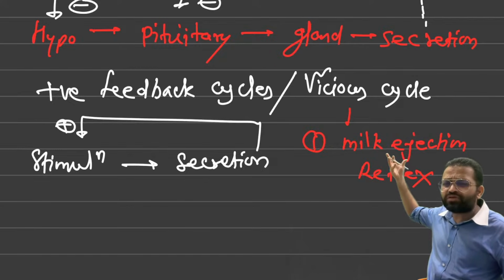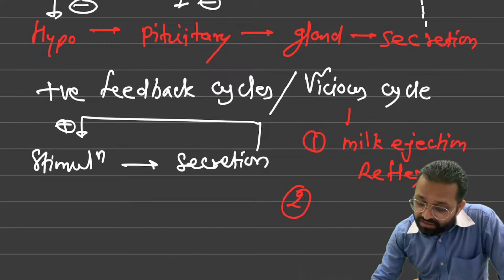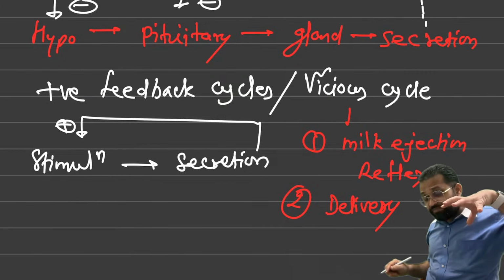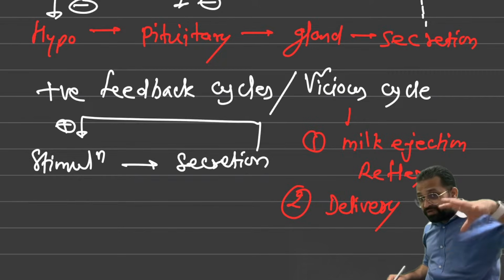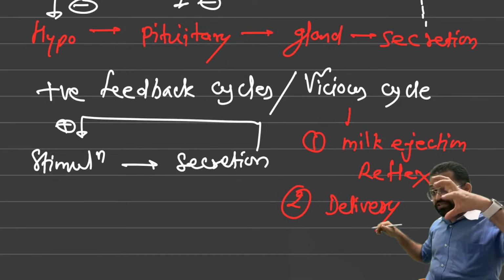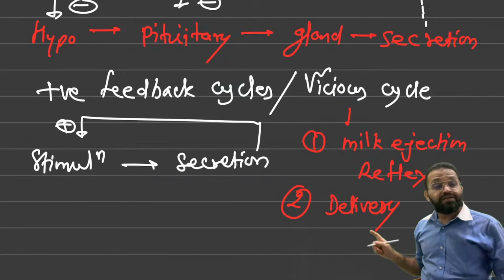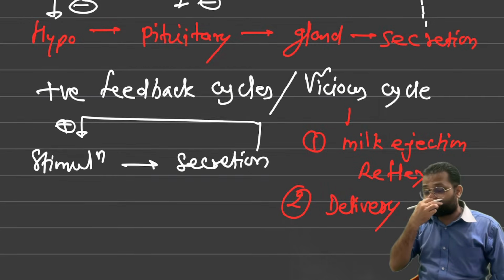This is due to the effect of oxytocin. This is the milk ejection reflex. Another one is delivery, parturition. Once the event of the baby delivery started, again oxytocin will start to more and more contract the uterus. So these two cycles are classical examples of the vicious cycle, positive feedback.